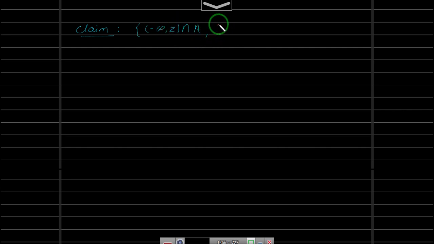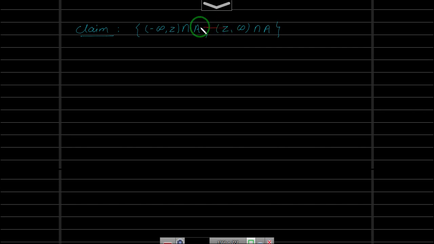And the second set we will take is z to infinity, which is open in R. Taking the intersection with A, this is open in A. And of course both are non-empty. We need to show that these are non-empty, both are open. I just said you give a point in both, so this shows that both are non-empty. Their intersection should be empty and the union has to be equal to the whole of A.